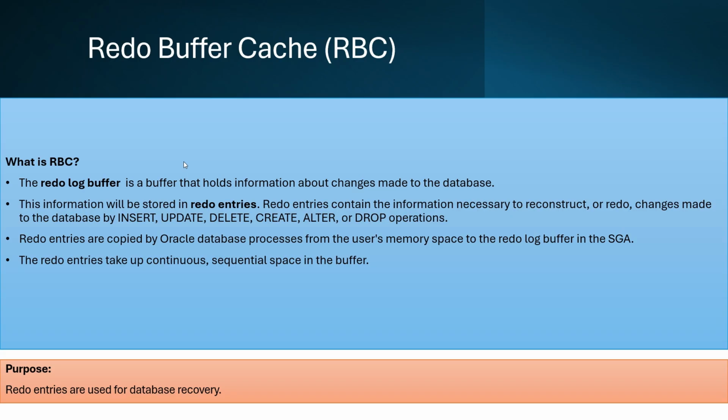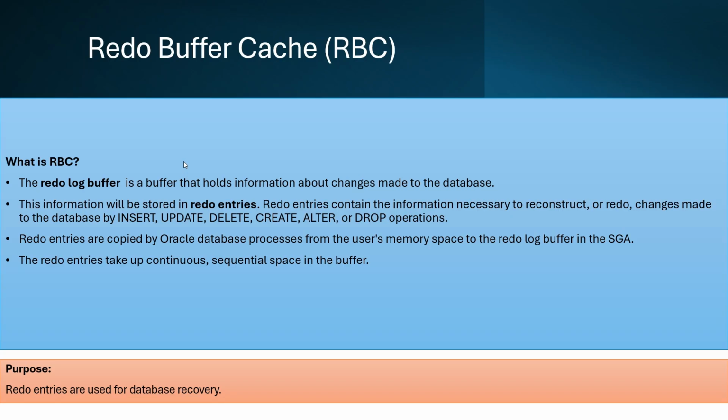Okay, so it will have the changes you made, and it will also have the previous backup of those data blocks before the changes and after the changes basically. All that information will be available, and along with that the date, time and which data block it has changed will also be available in the redo buffer cache.